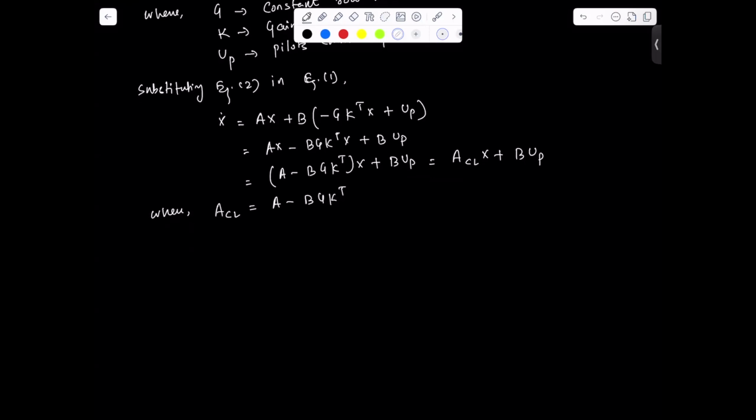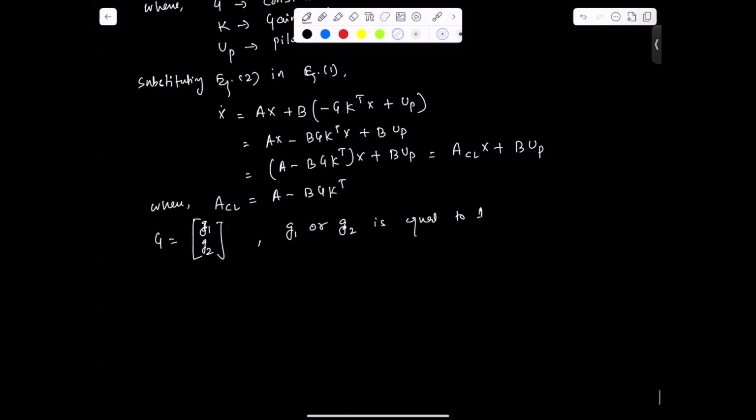Now the question is, how will we choose this G? This is very important. As a control design engineer, suppose G is a row vector; for the second order system, we can form G as G1, G2. For this, we choose G1 equal to 1.